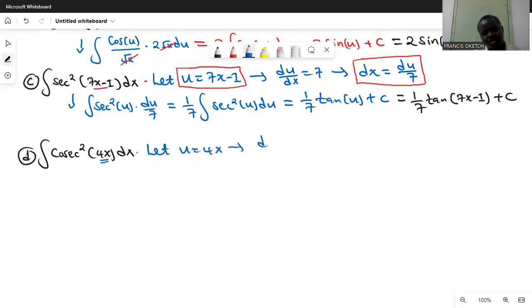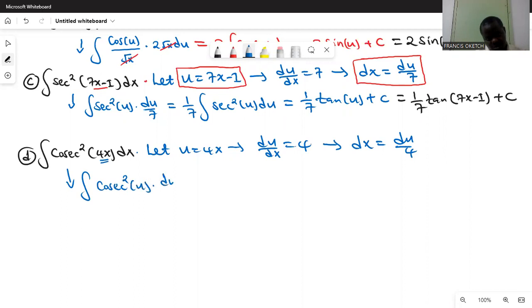You need to differentiate, get du dx. That will be equal to 4. And make dx the subject. So dx will be equal to du over 4. So when I substitute, I'm going to get the integral of cosec squared u times du over 4, which you can also write as 1/4 integral of cosec squared u du.